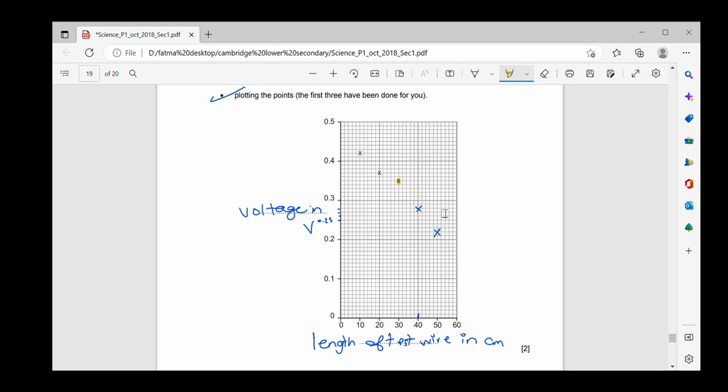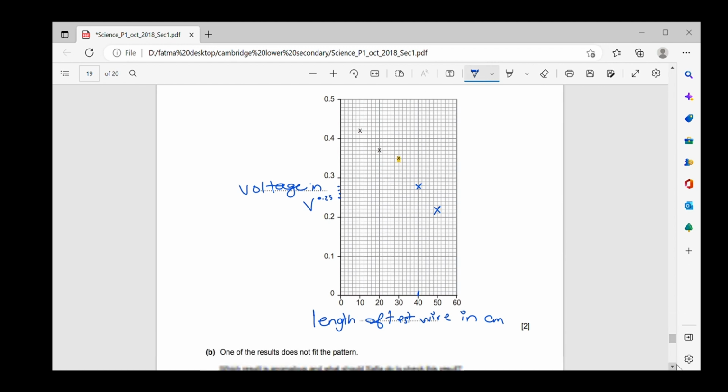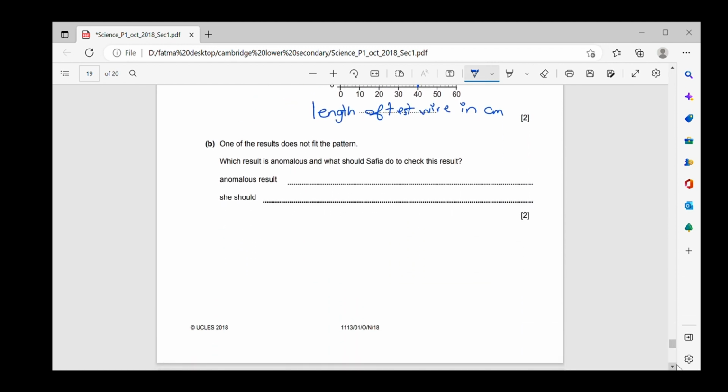This is the odd result, which is length of the wire 30 and the voltage is 0.35. So this is the odd point. What can she do to improve or to check on the results? She should repeat this reading to be able to check where is the mistake. The anomalous result is the 0.35. She should repeat the reading.